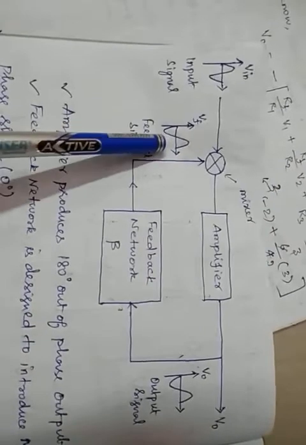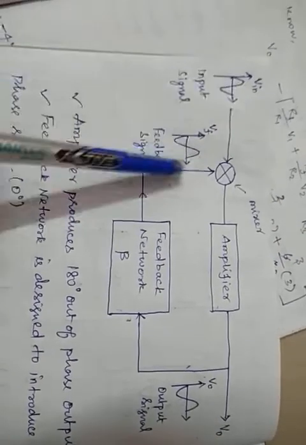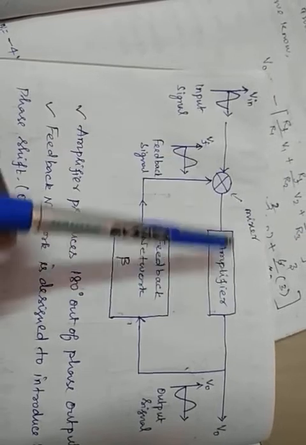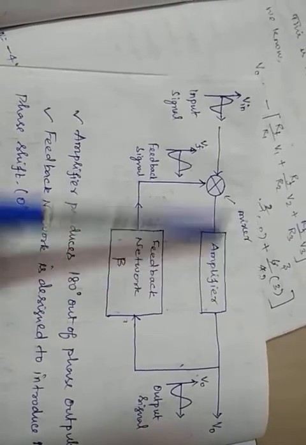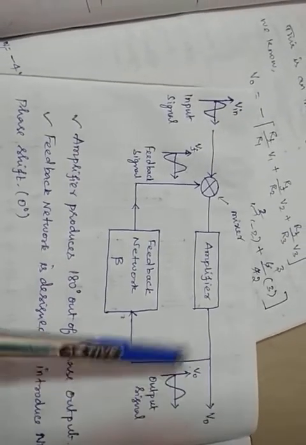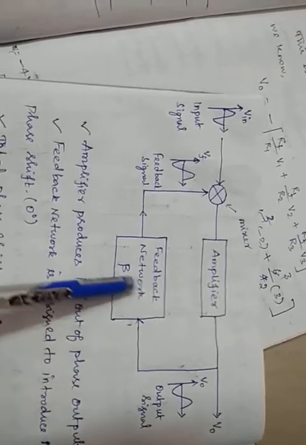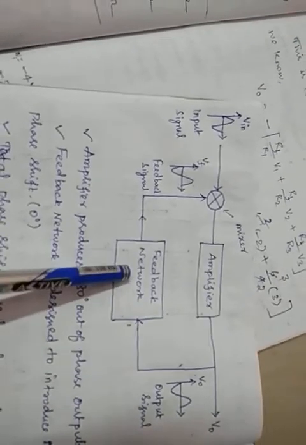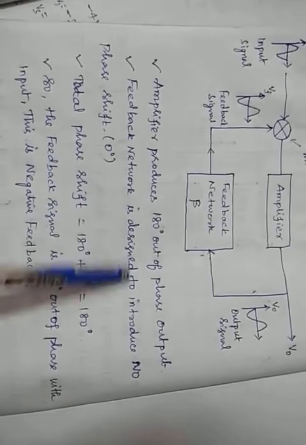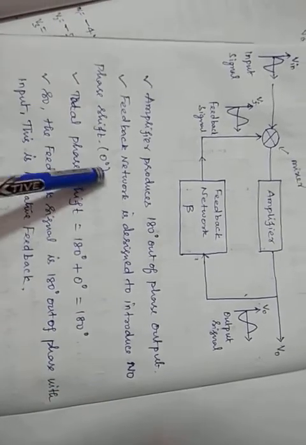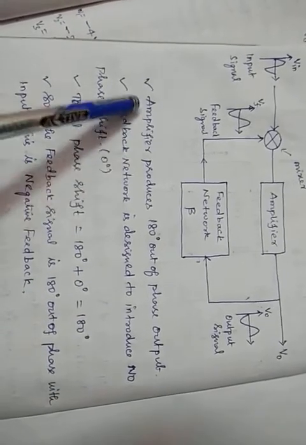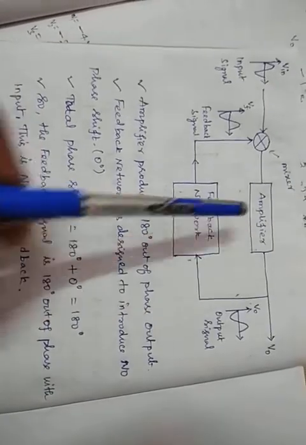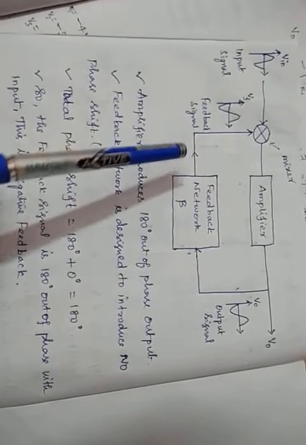See here, Vf and Vin are 180 degrees out of phase, right? This amplifier is the same amplifier. This introduces a 180 degree phase shift, but this feedback network is not introducing any phase shift. So that is what is given here. The feedback network is designed to introduce no phase shift, 0 degrees, whereas the amplifier is the same one we used in the previous case, positive feedback.